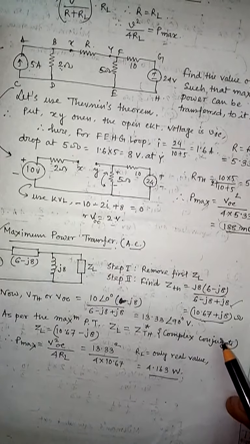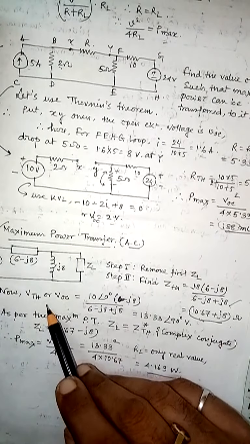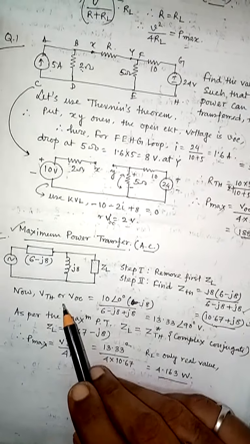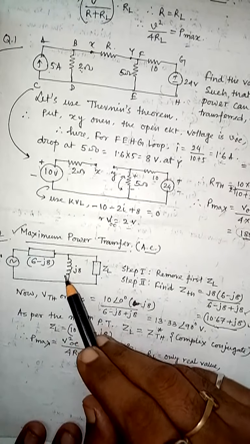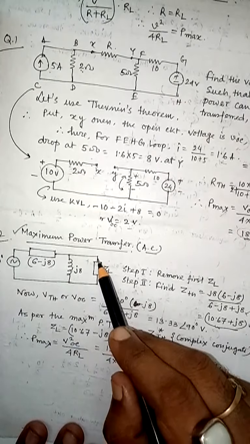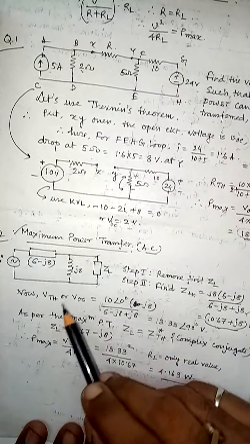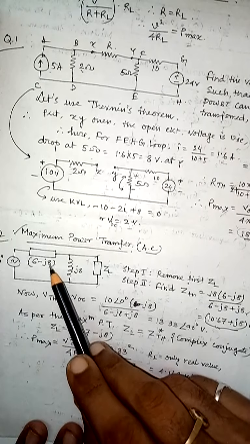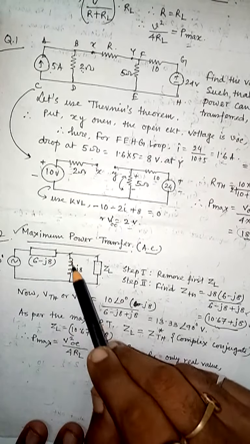So again it is VTH, it means the VOC. VOC means what? Actually the open circuit voltage here. So if you are removing this one, you have to find the open circuit voltage, that is the voltage drop in this particular one. So the entire circuit is this.